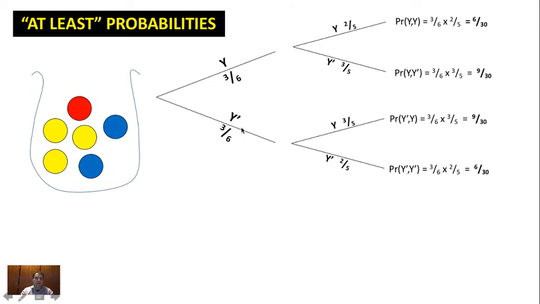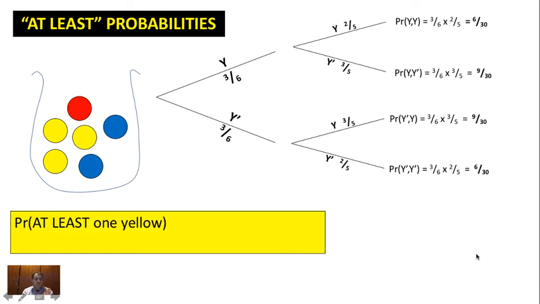But in the case where we didn't take a yellow first, then there's 3 yellows and 2 non-yellows in the bag, so the probabilities are 3/5 and 2/5 respectively. So we multiply those out to get the various probabilities of different outcomes: yellow yellow, yellow not yellow, not yellow yellow, or not yellow not yellow. And we can work out the probability of at least 1 yellow.